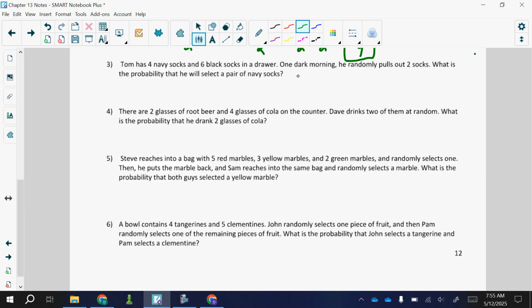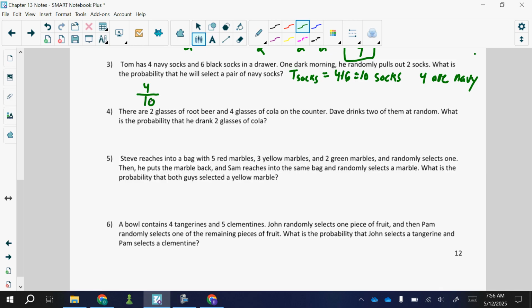The total number of socks Tom has is 4 plus 6, which is 10. When Tom first puts his hand in the drawer, the probability of him getting a navy sock is 4 out of 10.